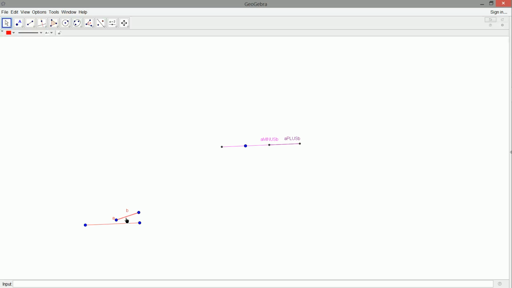If I move a and b over, and move this down, seems like a plus b and a minus b have swapped places. This is largely just due to GeoGebra causing me problems, making a headache for me.